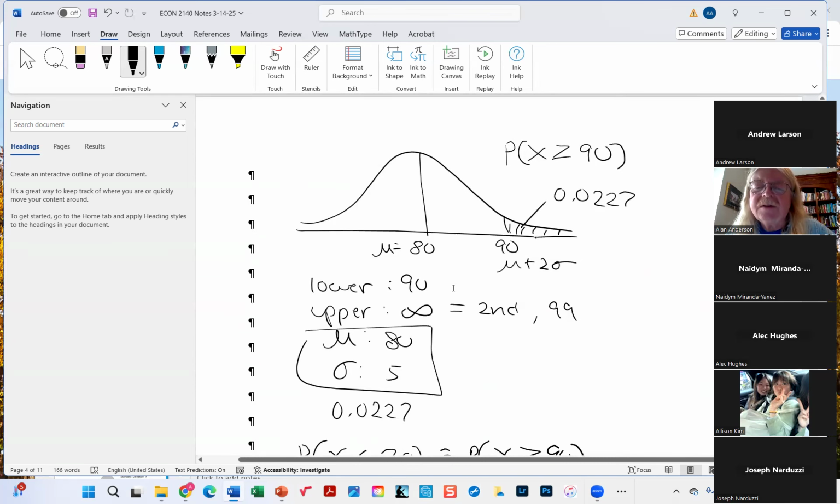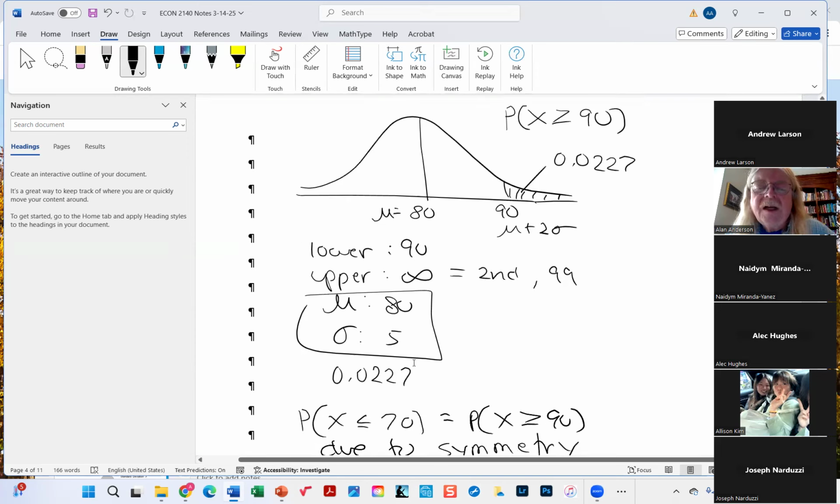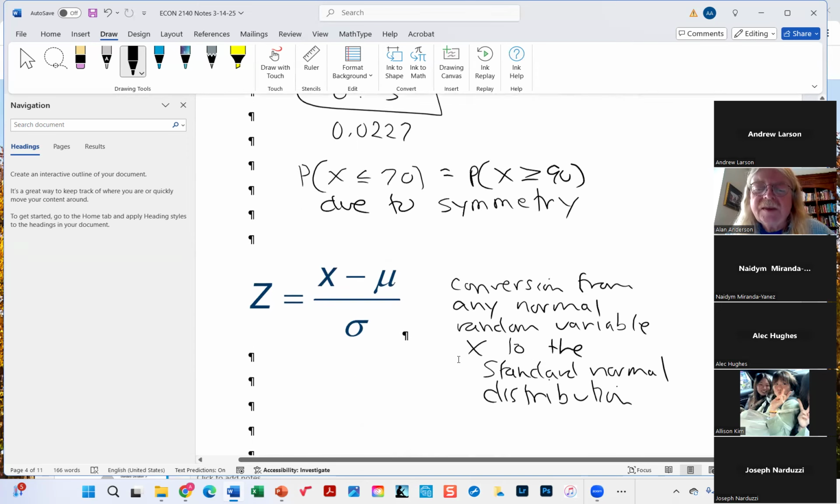So if you type in these numbers, 90 up to infinity, comma 80 for your mean, don't forget 5 for your standard deviation, that will in fact give you 0.0227.